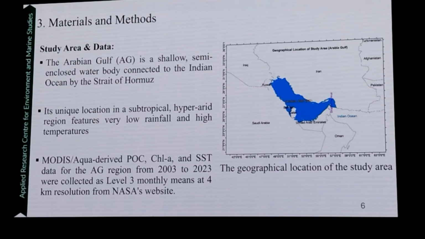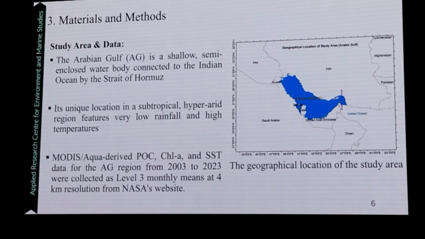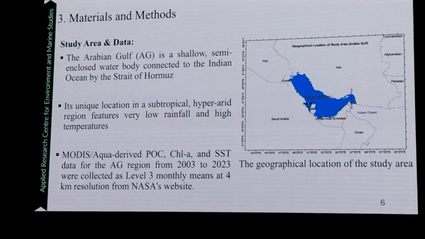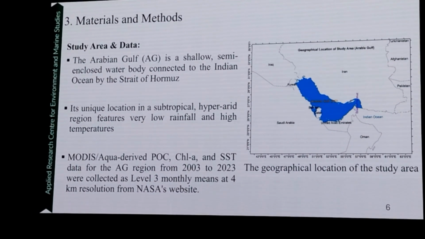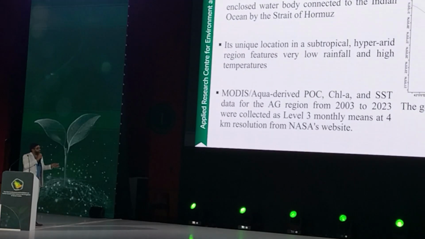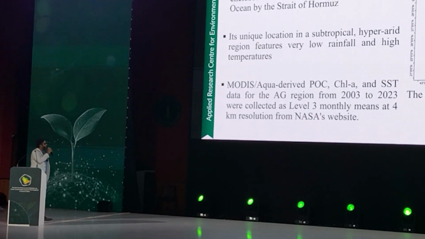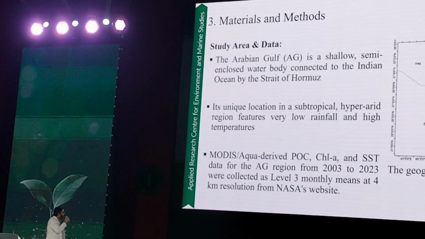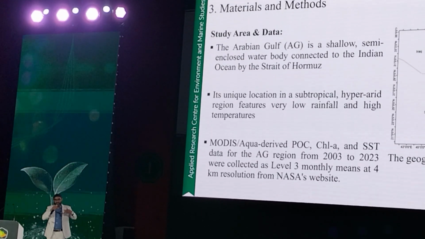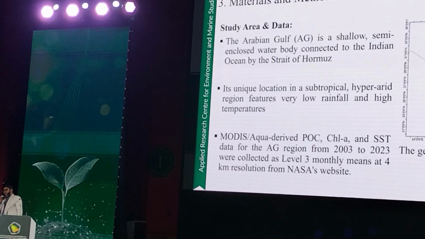If we focus on the study area, as Professor Aminul already mentioned about the diversity and the importance of this ocean, it is really very important due to its unique location in the subtropical high region, low rainfall, and also due to the high salinity.